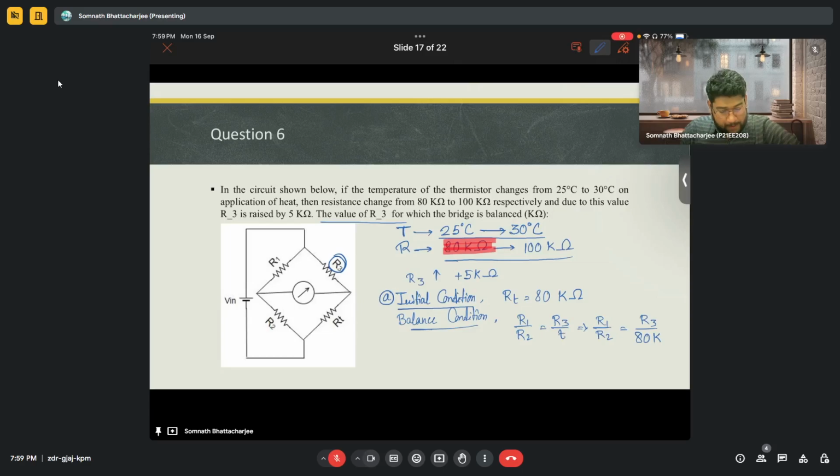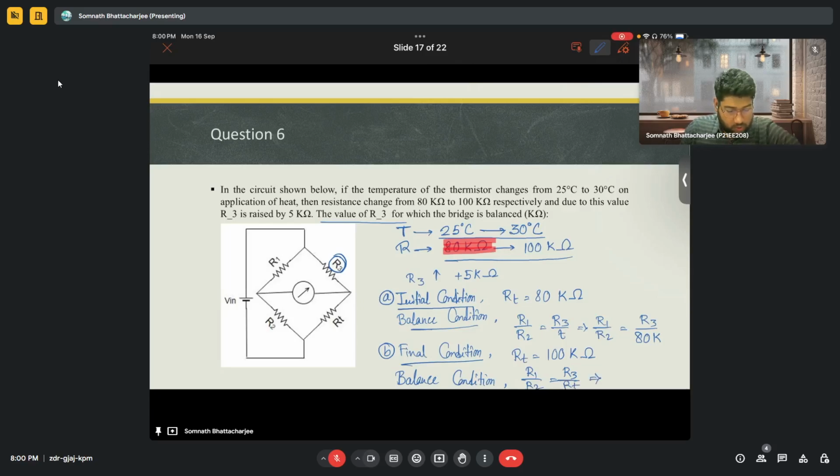Now for the final condition. At the final condition, RT was 100 kilo ohms. Similarly, with respect to the balance condition, R1 by R2 equals R3 by RT.